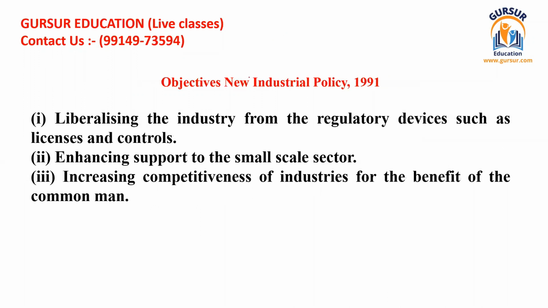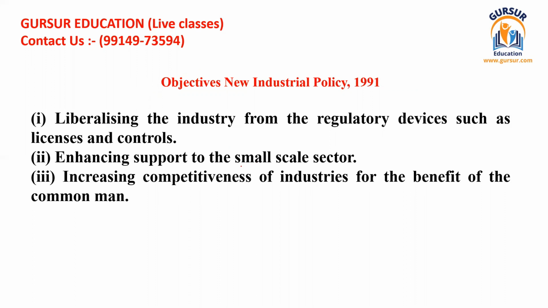This policy emphasized the following things. The first is to liberalize the industries from regulatory devices like licenses and control. Before 1991, if you were to open a business, you had to purchase licenses, but now these should be liberalized. That was the first objective of the new industrial policy.